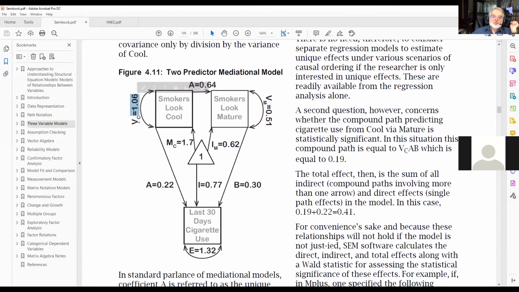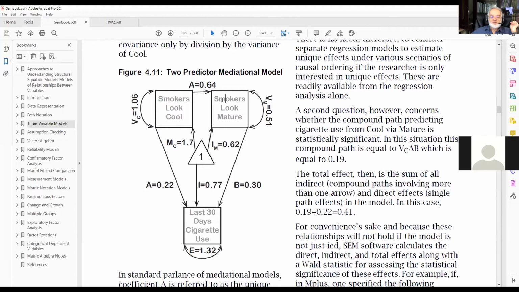This retains its original meaning. It's the variance of this predictor variable. The mean of smokers look cool is going to be 1.7. And the reason nothing else is involved is if I go forward on this arrow, I cannot go backward here. If I go forward on this arrow, I cannot go backward here. So we're very confident that this 1.7 is only the mean of smokers look cool.